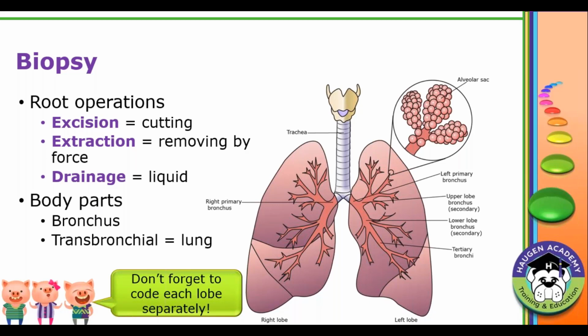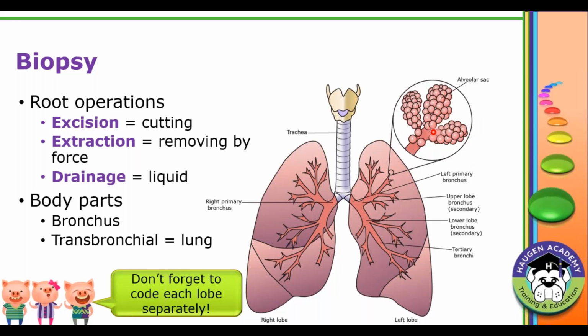The body parts are going to be different. It can either be the bronchus, or if they document it as transbronchial, then it's coded as lung. And the image that you see here is showing a blown up picture of the distal end of this bronchus, and at the end we've got what looks like little grapes. Those are the lung alveoli.